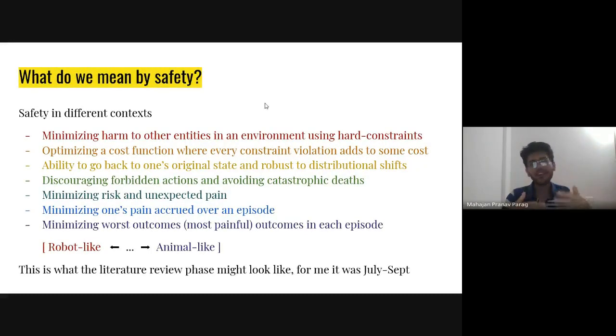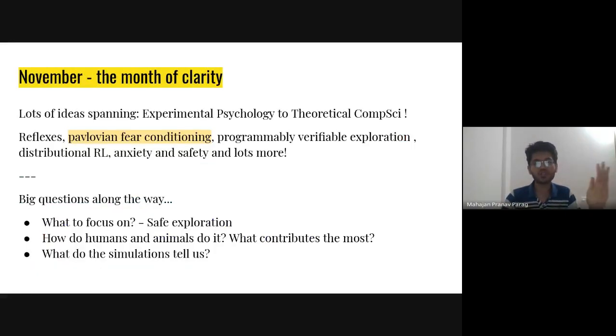In that time, I read a bunch of papers, from computational neuroscience to even robotics, computer science, even the hardcore stuff of computer science, which I had never learned, some sort of theory of computation, because that came under verifiable exploration.